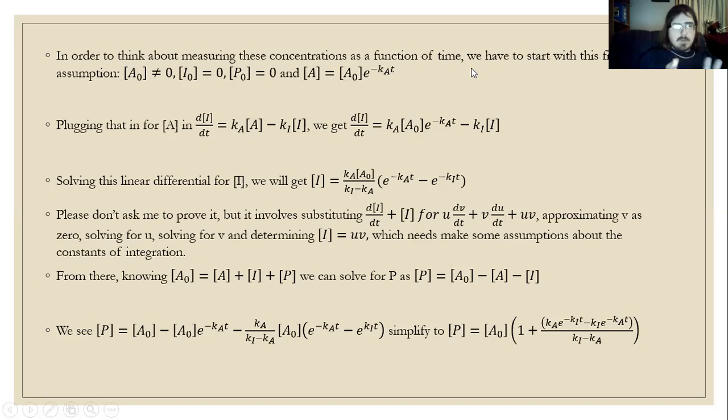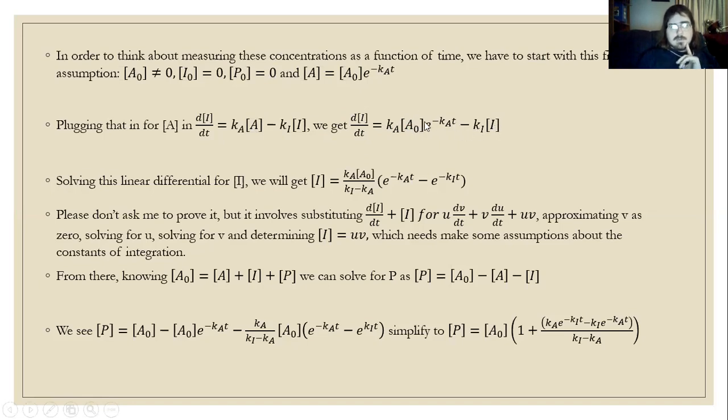So we plug A into our dI/dt, and we get dI/dt is Ka A0 e^(-Ka t) minus Ki I.